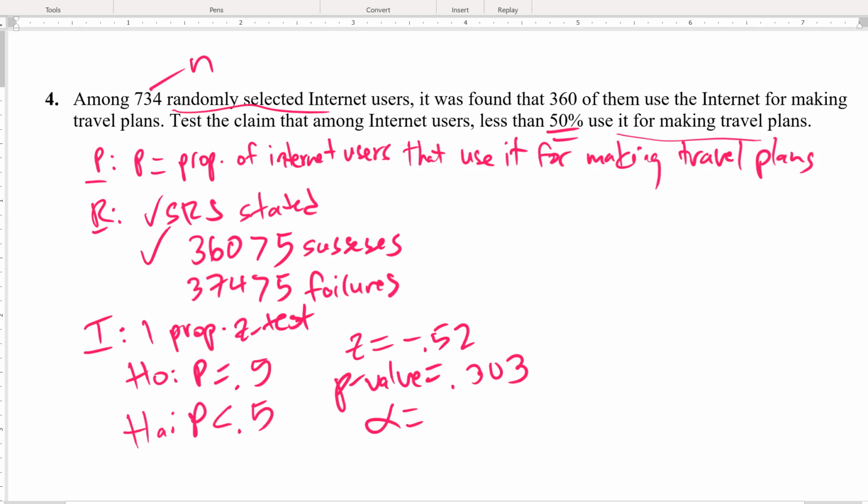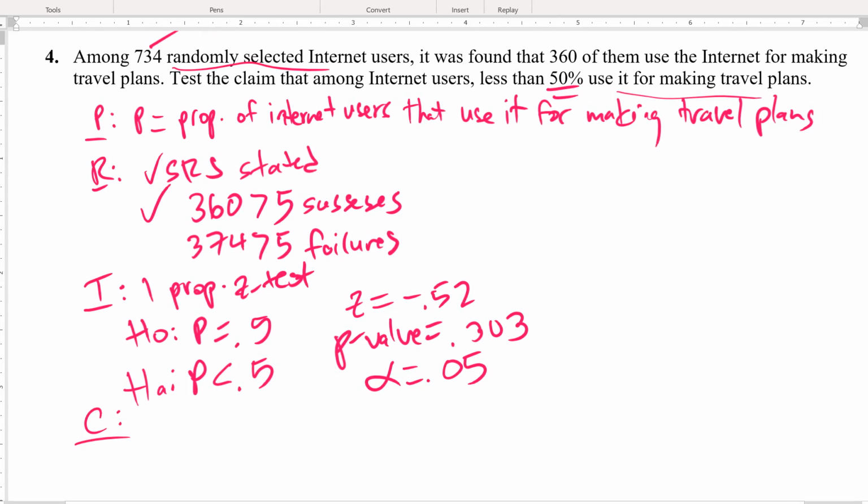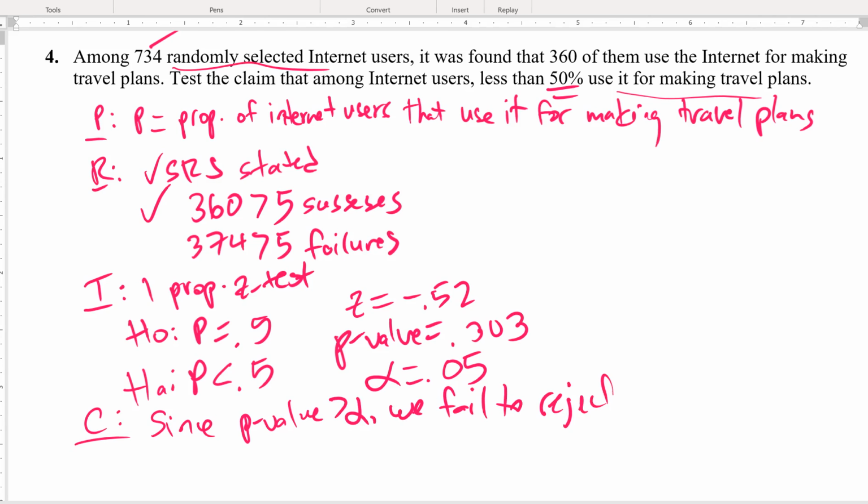And an alpha that was not stated, so we use 0.05. This p-value is big. Since the p-value is greater than alpha, we fail to reject that p equals 0.5. We do not have significant results.